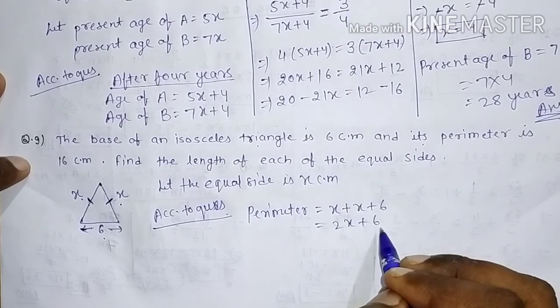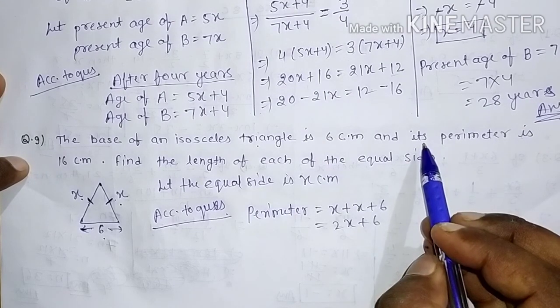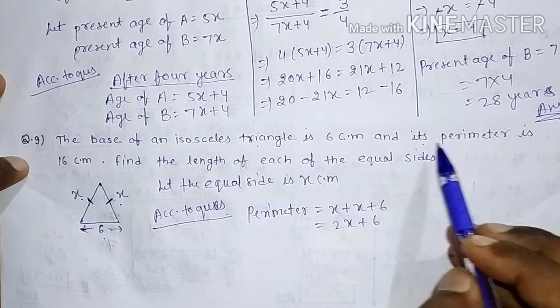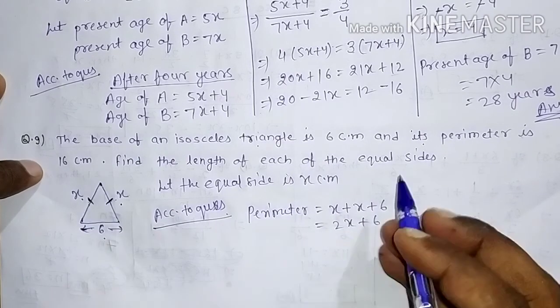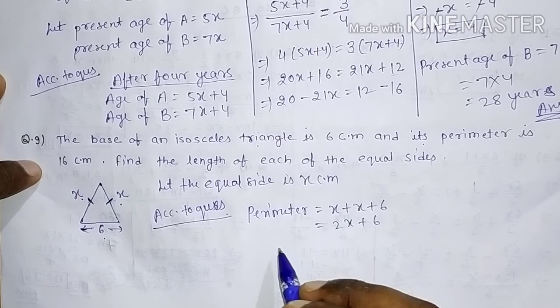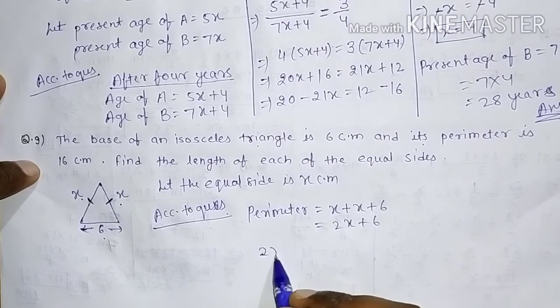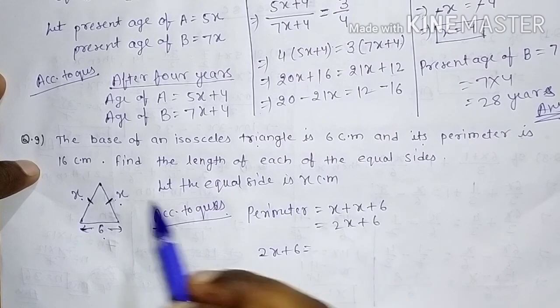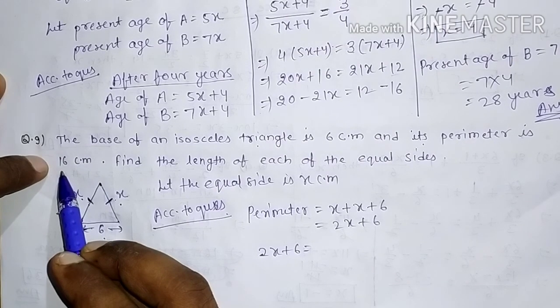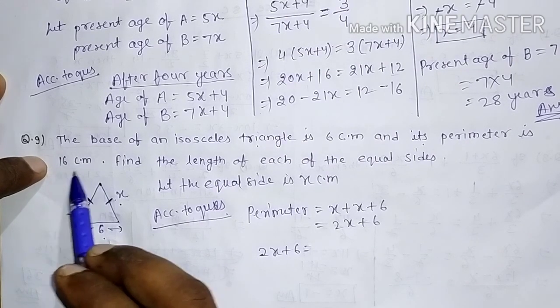The perimeter is 2x plus 6, and according to the question, its perimeter is 16 centimeter. That means 2x plus 6 equals 16 centimeter, the perimeter given in this question.